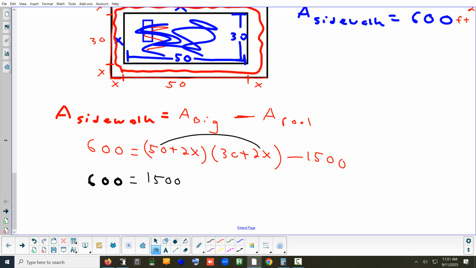And then 50 times 2x and 30 times 2x is how much? 60x and 100x. And that's a total of? 160x. Yep, 160x. And what about 2x times 2x? 4x squared. So we're getting into a quadratic type of equation. Minus 1,500.